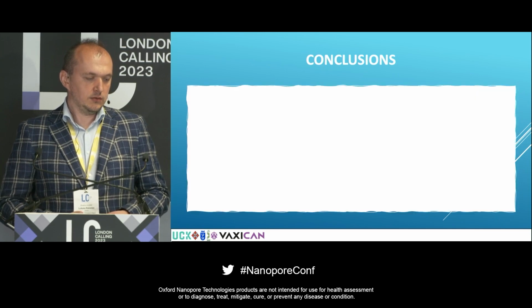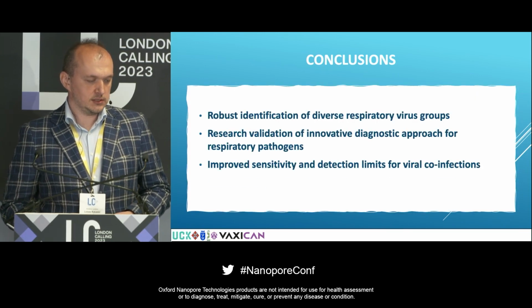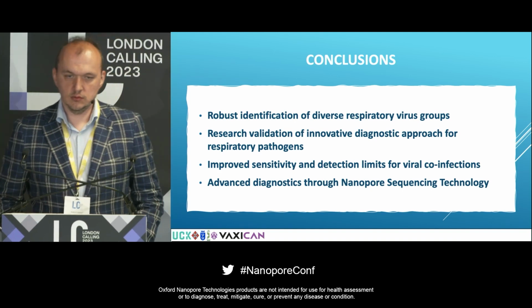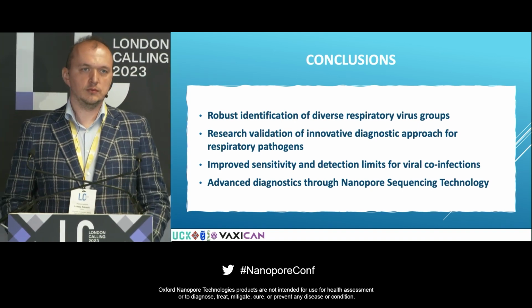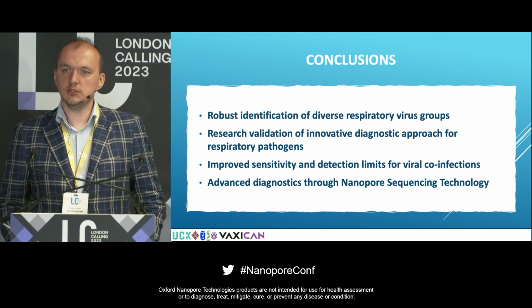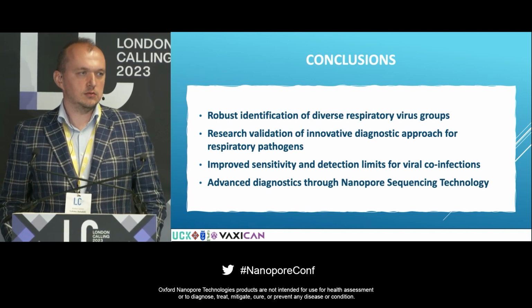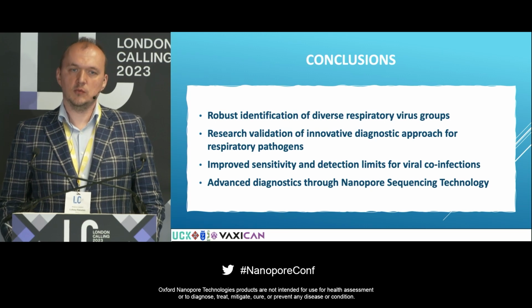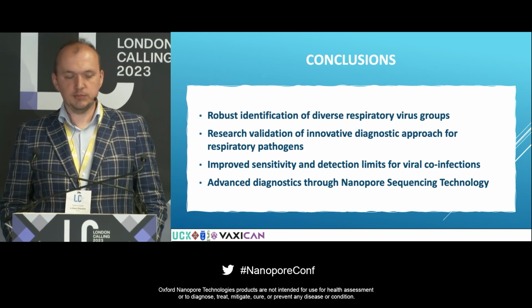My conclusions for the presentation: we were able to create a completely new method based on nanopore technology that can detect and differentiate multiple different viruses in a single sample.